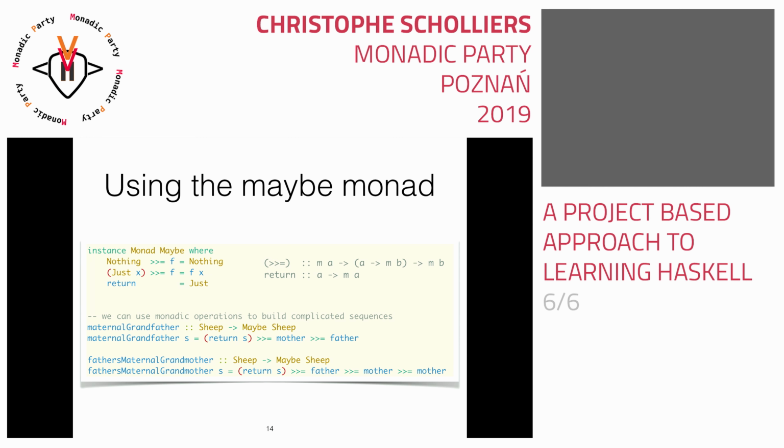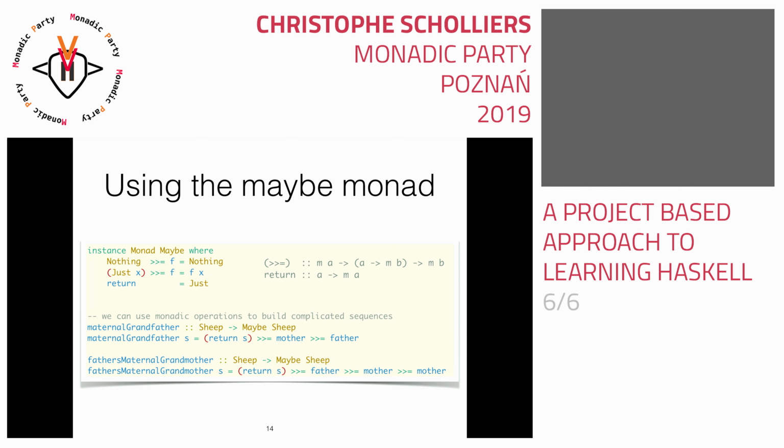So to make the instance of the maybe monad, what do we do? Well, if we are binding, so this is comp, if we are getting a nothing and we get this function, we are just going to return nothing. If it's just x and we have this function, we are simply going to apply the function.